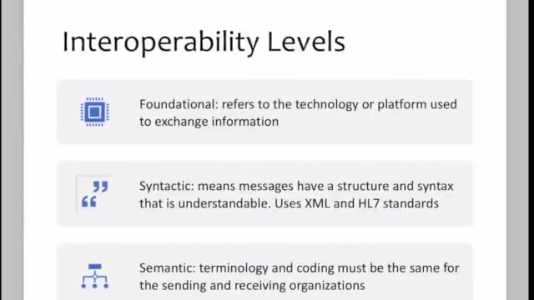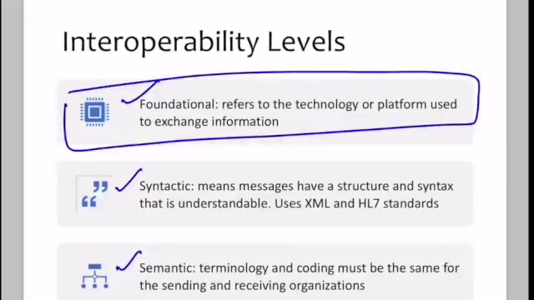Now, interoperability has three different levels. The first level is the foundational level, the second level is the syntactic level, and the third level is the semantic level. The foundational level refers to any technology or platform used to exchange the data, the hardware level. At the basic level, what tool or medium do they use? Either fiber optic, or some special network, or a standard computer, Mac computers.